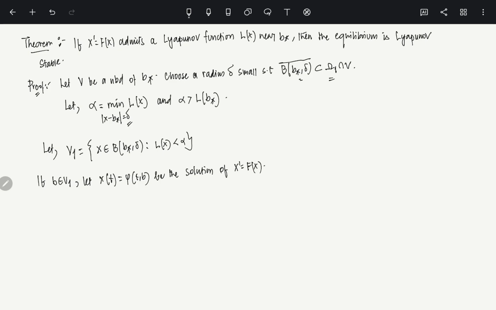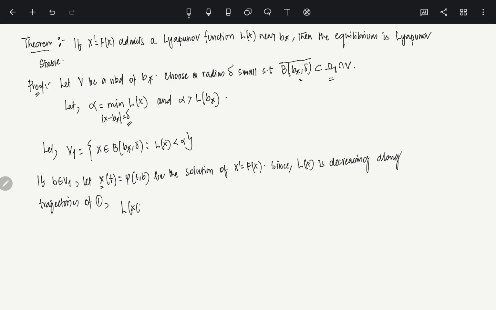Yeah, we just assume. Now, since L is decreasing, you see, what I am doing is just starting with the trajectory. The trajectory is given by x of t. Here I am writing it as phi, doesn't matter, but basically it is x at t. So since L of x is decreasing along the trajectory, along any trajectory, that's what is given, along trajectories of 1, what do we have?